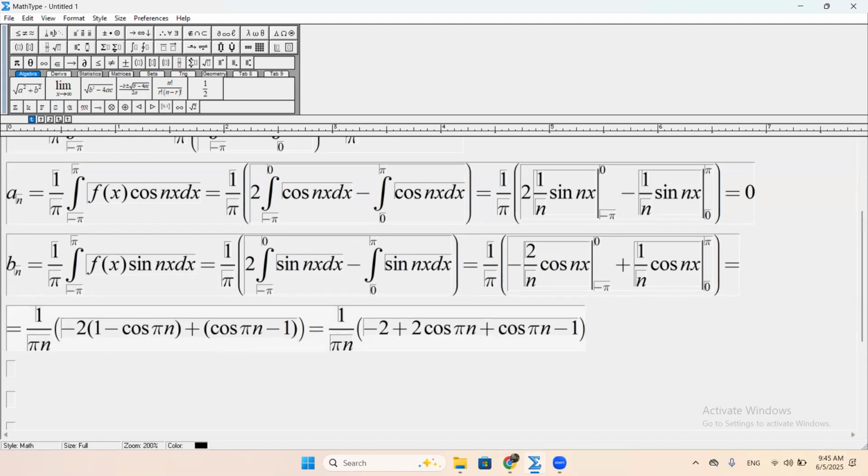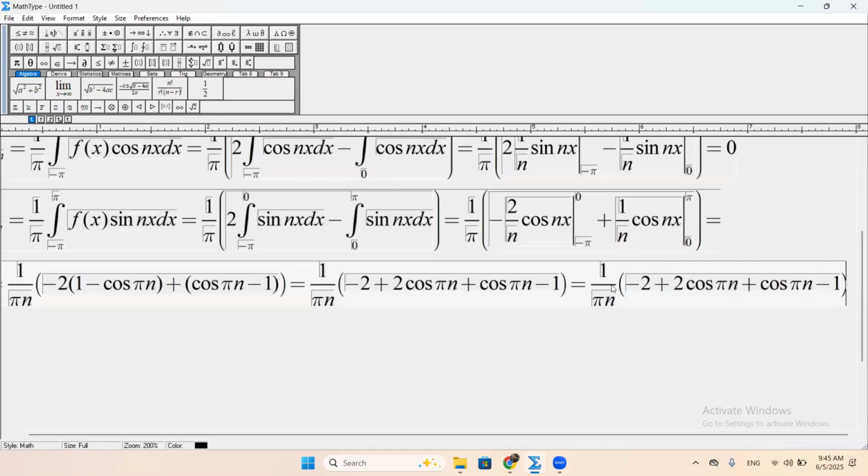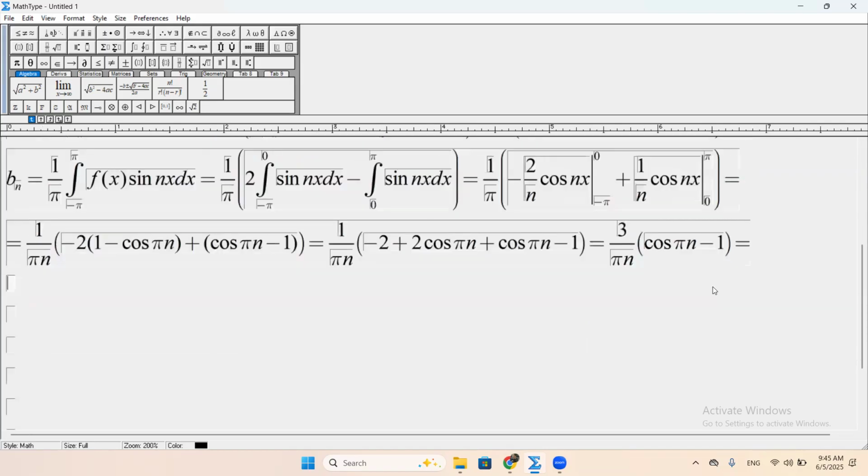So I will move 3 out of brackets here. So 3 cosine of pn minus 3. Oh, cosine of pn minus 1. And by the way, how can we substitute cosine of pn?